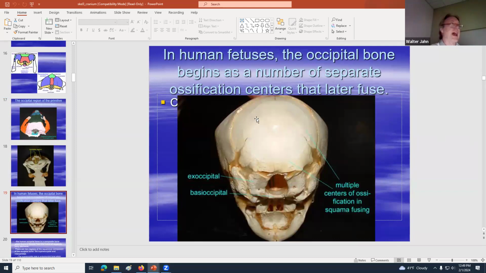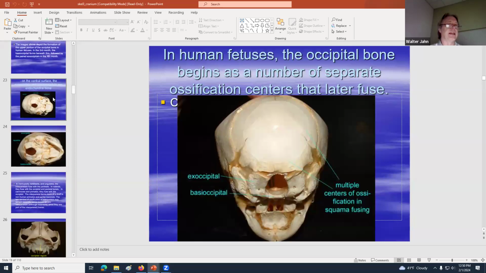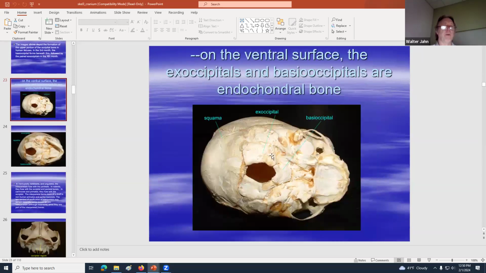Because if you were to look at how the human occipital bone forms, here's a fetus. And look, there's a bony region up there, fusing with a bony region here. And then there are three bony regions there, 1, 2, and 3. You'll see the third one from another angle in a second. So you have exo-occipitals and basio-occipitals there.